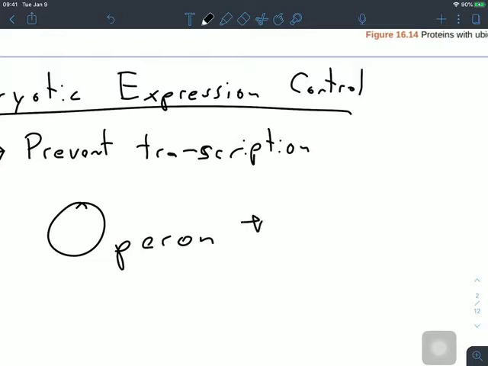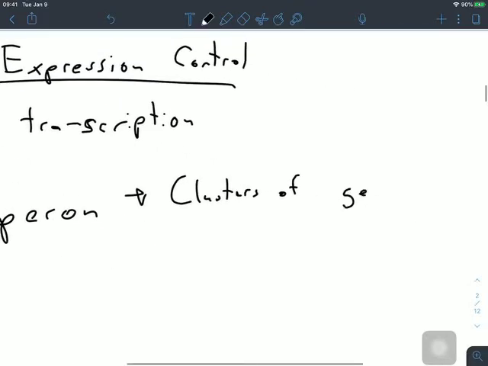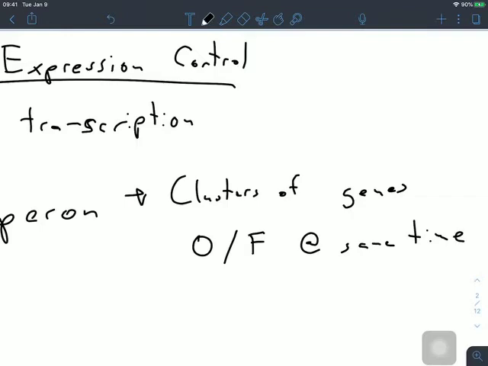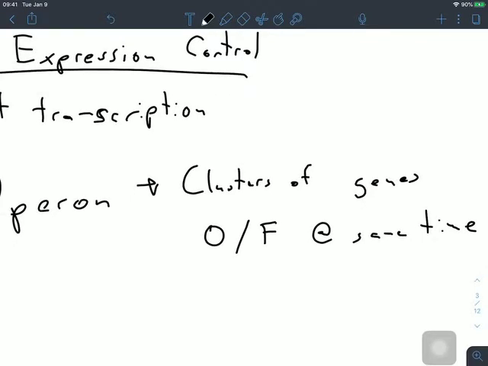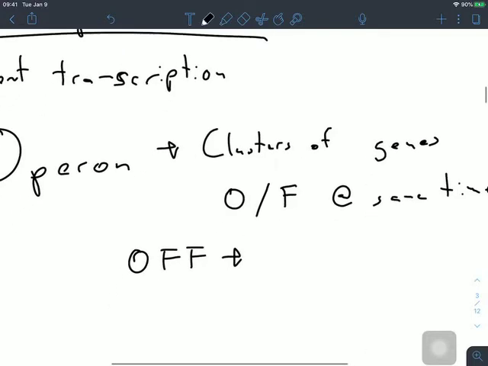An operon is defined as clusters of genes that will be turned on or off at the same time. When an operon or operator is turned off, we term that as a repressor operon.